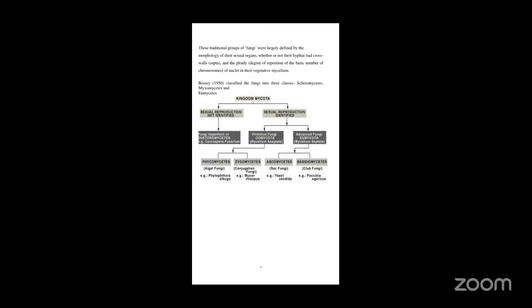Okay. So here is another classification, Ainsworth's classification.